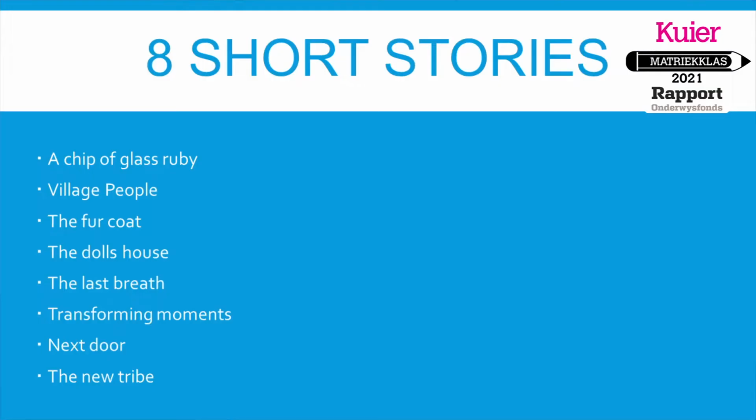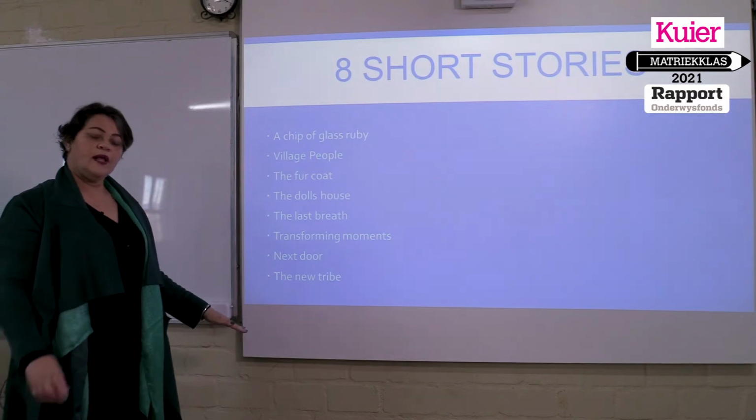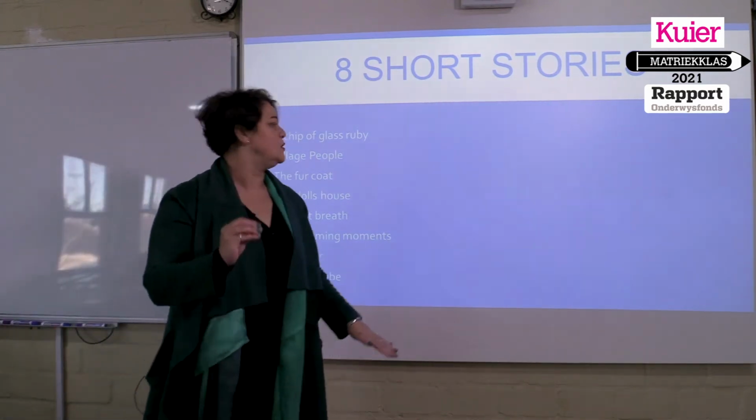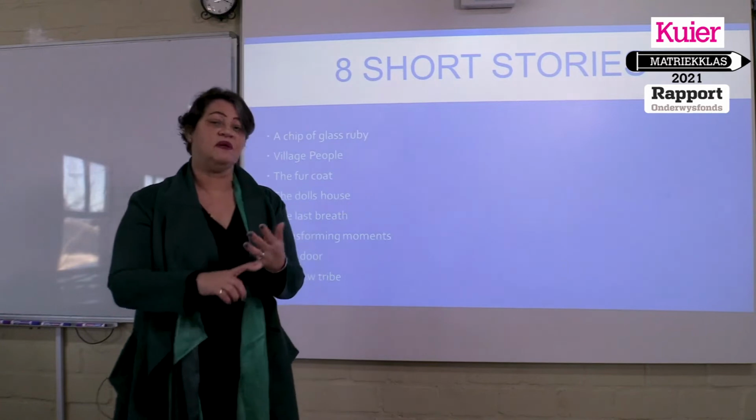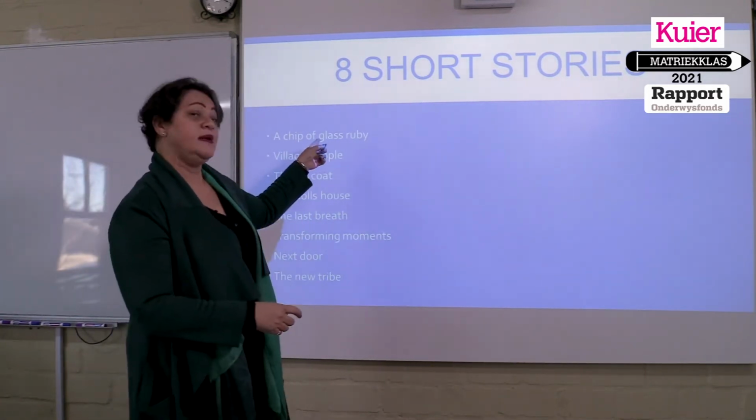So we've got 8 short stories: A Chip of Glass Ruby, Village People, The Fur Coat, The Doll's House, The Last Breath, Transforming Moments, Next Door, and The New Tribe. The elements, guys, are the same for all. The difficulty or the challenge is that you must remember 8 short stories will have 8 different settings. Okay? Each one has their own.